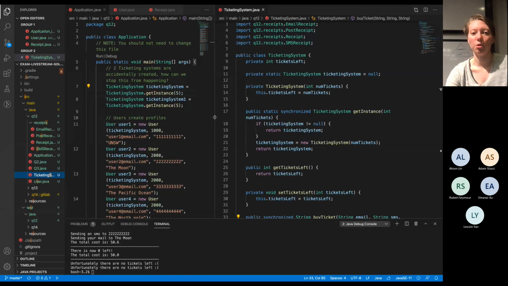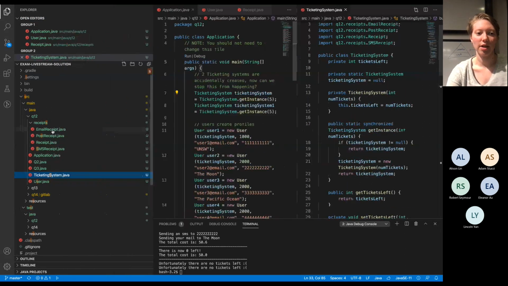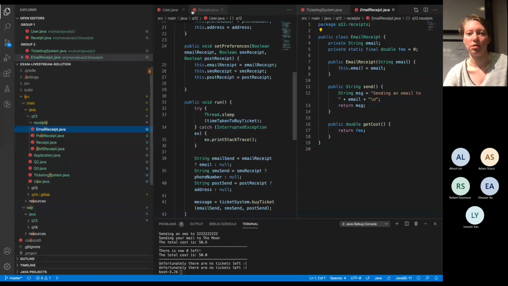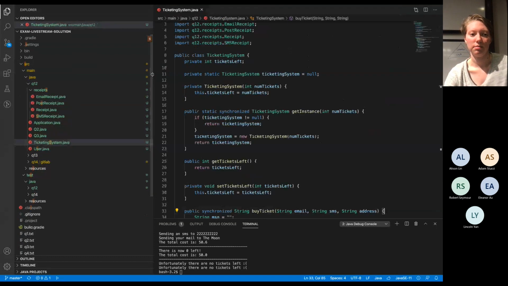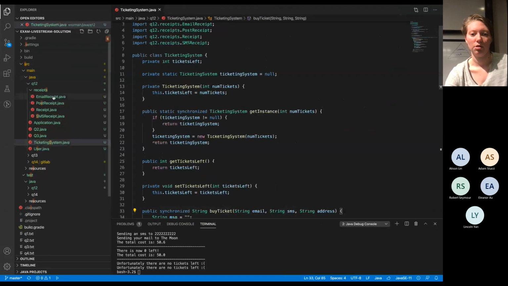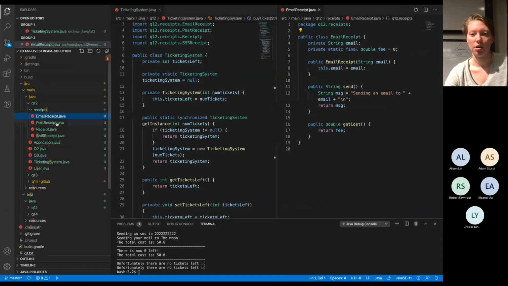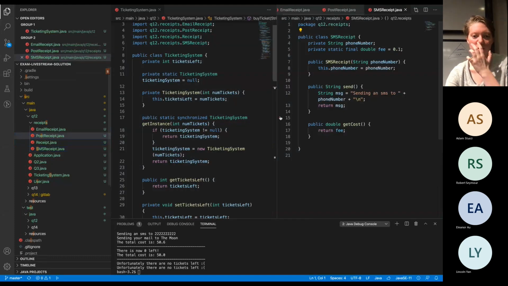Cool. So we're like, okay, well, we need two things and they need to have an interface. So let's do that. Let me just close these, except for ticketing system. So we have our email receipt, our post receipt, and our SMS receipt.